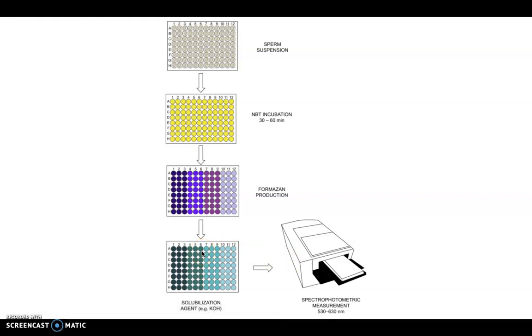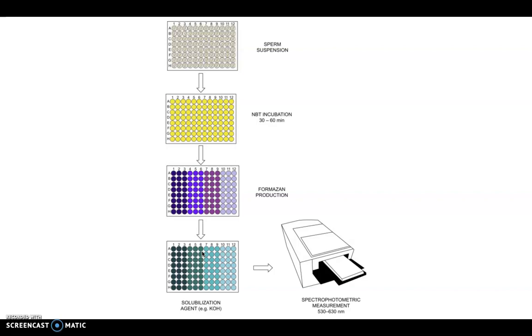This visual is from an MTT assay, which is almost exactly the same, except that in an MTT assay, the formazan that's produced is insoluble, which is why we have a solubilization step here.